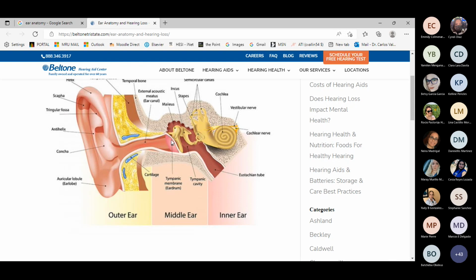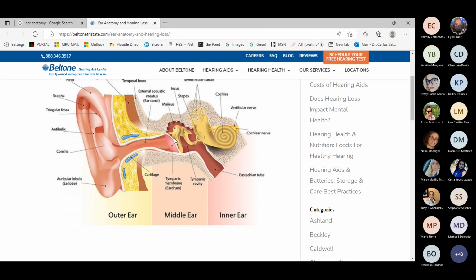The inflammation can produce the accumulation of fluids here. Those fluids can be clear like a serum, and then it is called otitis media serosa, or they can be pus, and it is called suppurative or purulent otitis media.